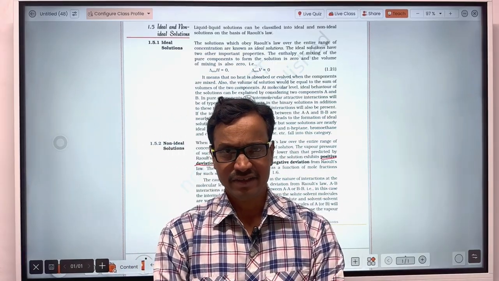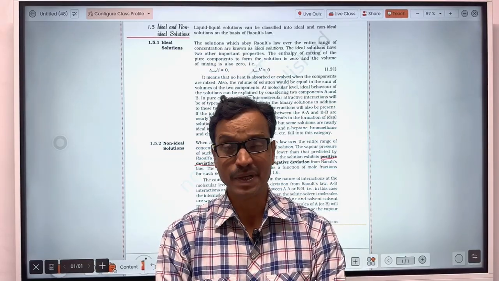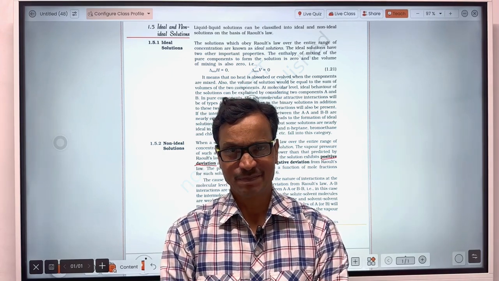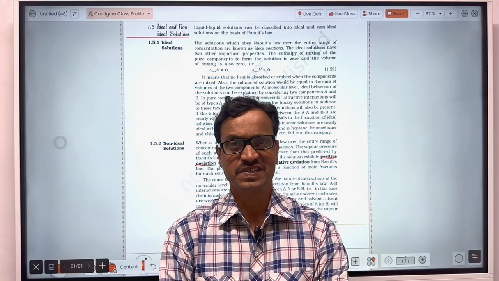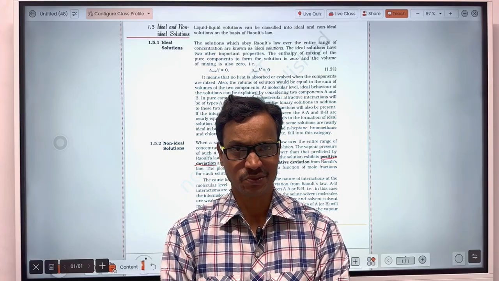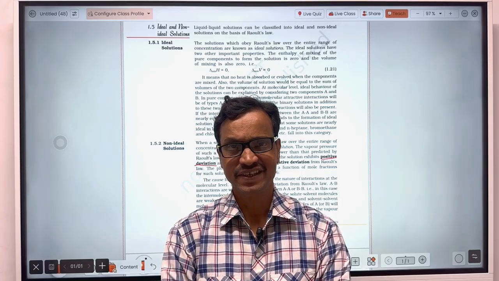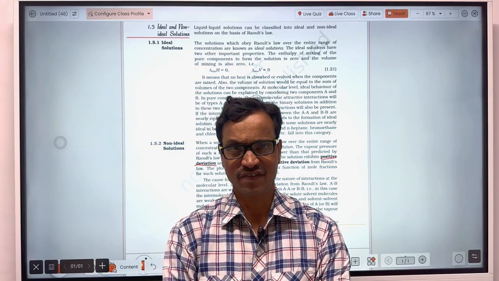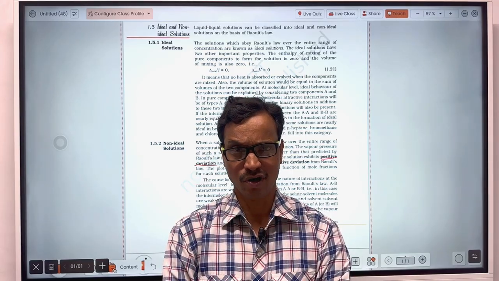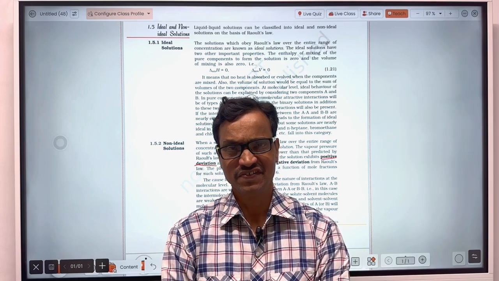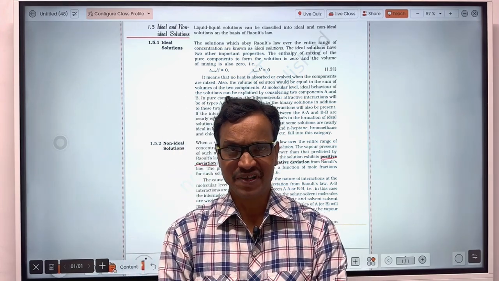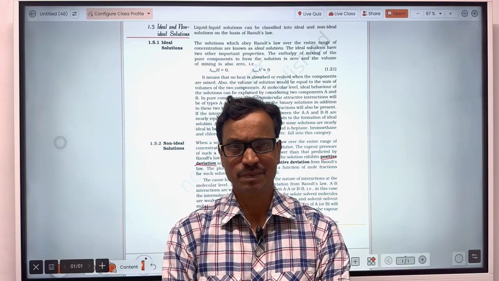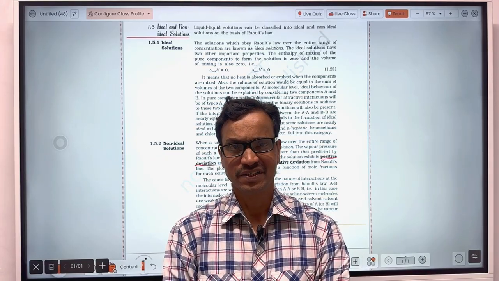In the same way, when two liquids are mixed and the resulting vapor pressure becomes lower than expected from Raoult's law, the solution is said to be a non-ideal solution showing negative deviation.